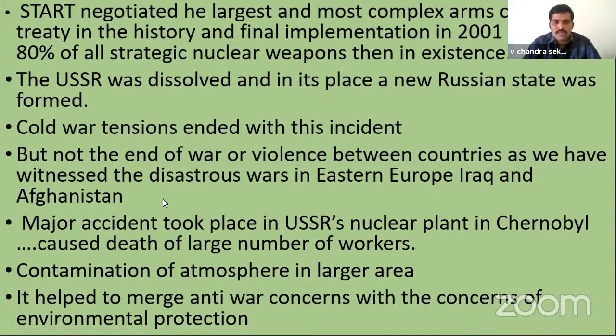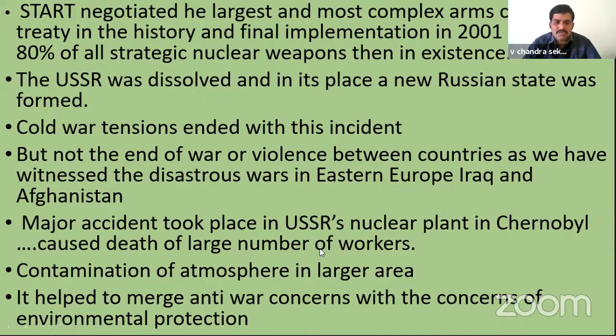A major accident took place in the USSR nuclear plant in Chernobyl, which caused the death of a large number of workers. A huge accident happened in the Chernobyl nuclear plant, and because of that accident, a large number of workers died.